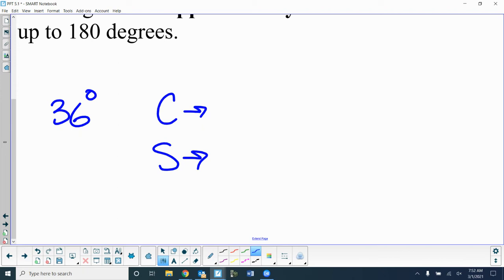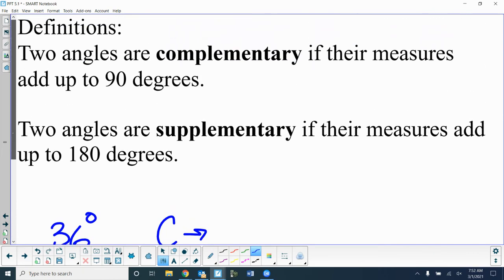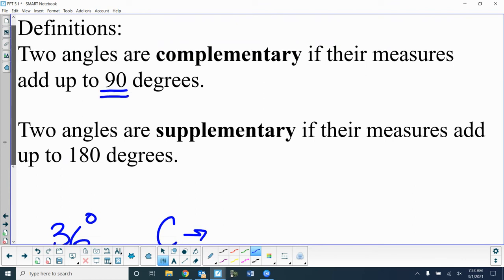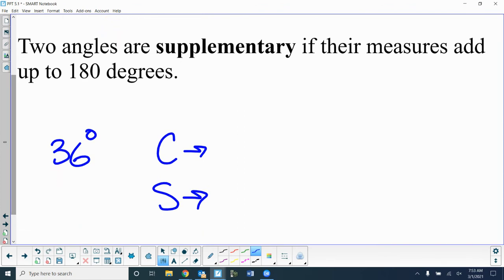Well, what are the two supposed to add up to if it's their complement? 360. No. Complements add up to 90. So all I gotta do is go 90 minus 36. So what's that? 54. Yeah, 54 degrees.